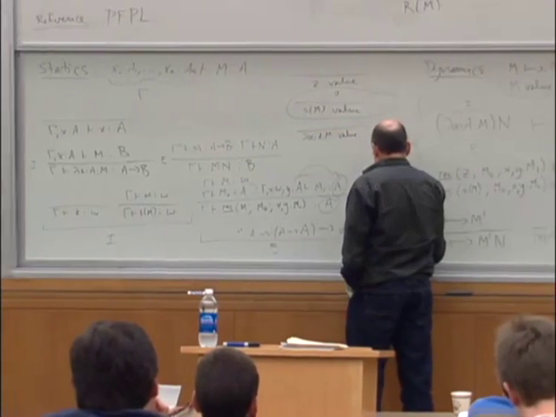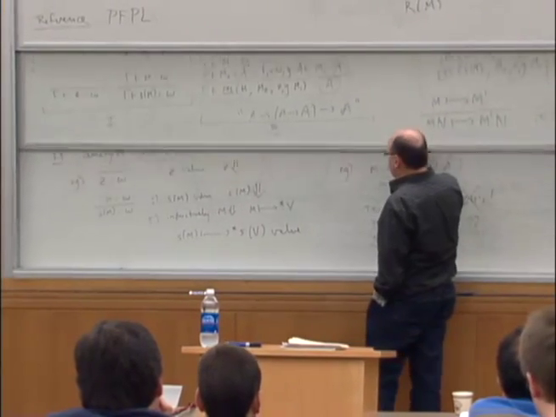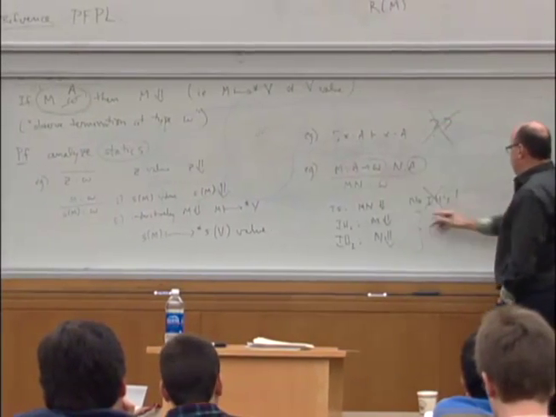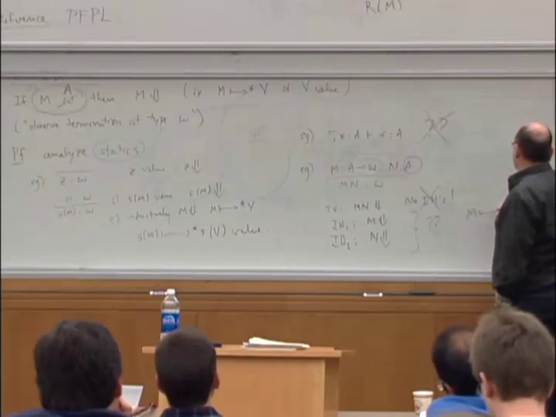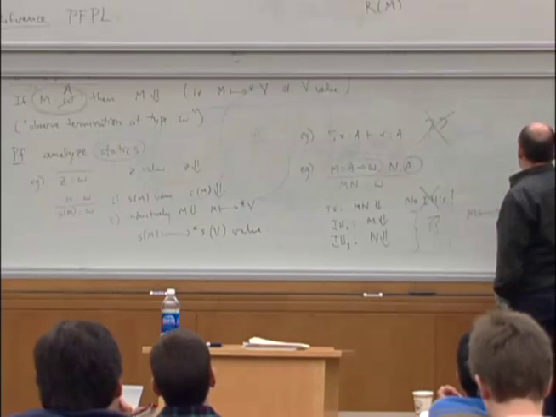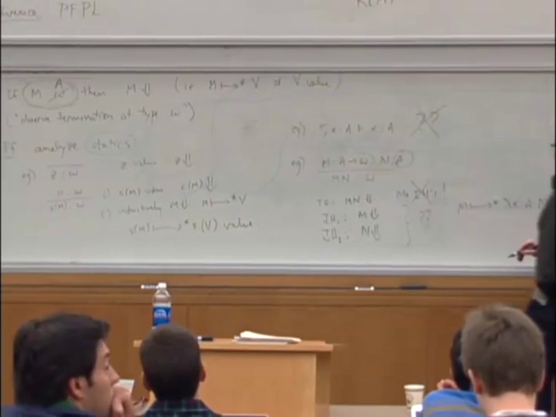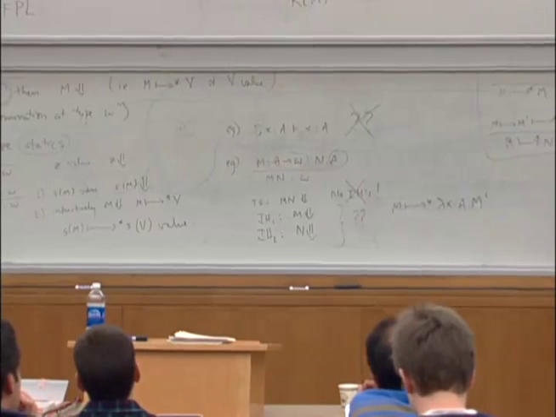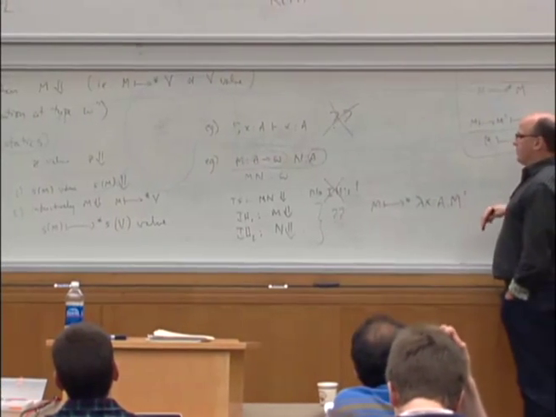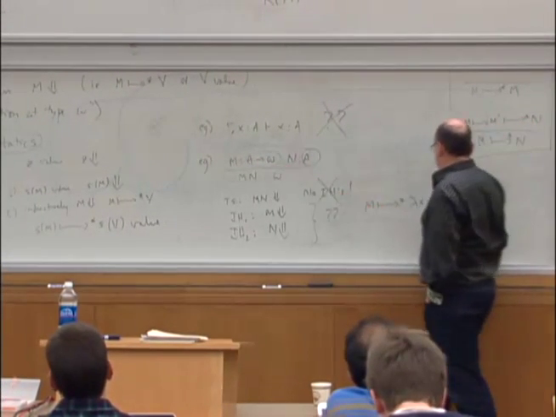So since m terminates, what we really know is that there's some lambda, let's write it like that, to which m evaluates, because the only possible value for something of function type is a lambda.